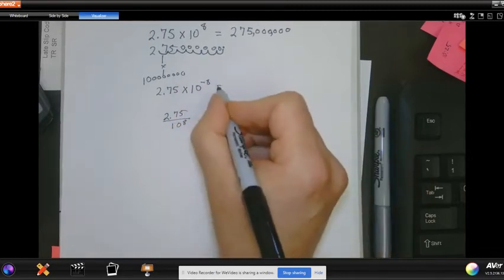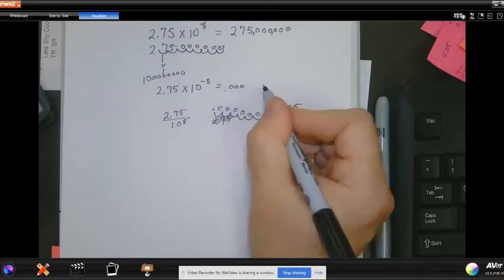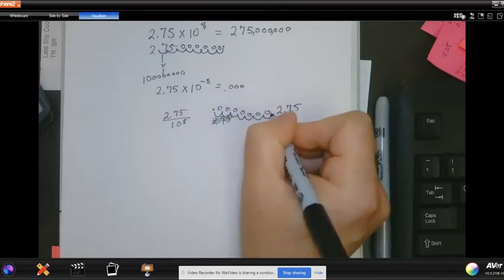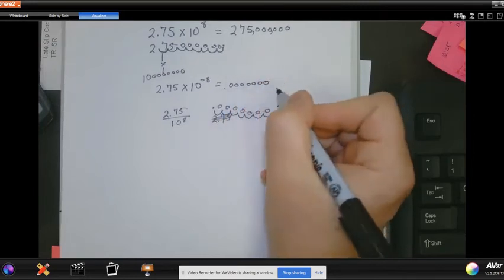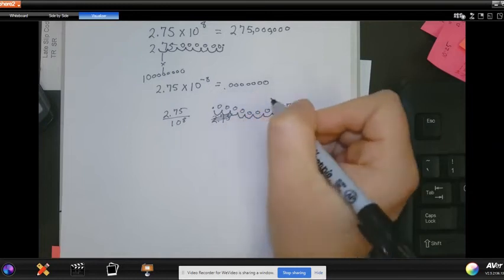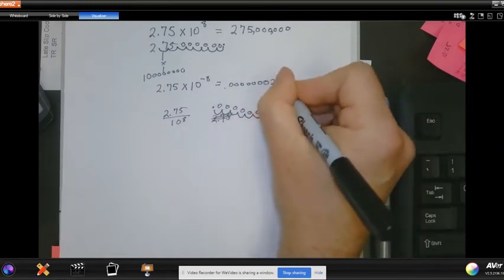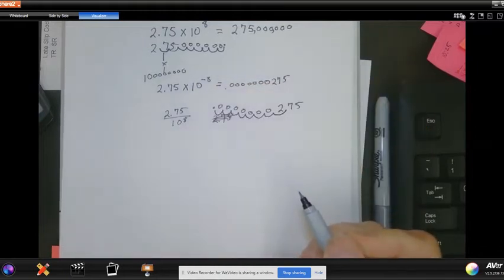Okay, so 2.75 is 0.000. Now we've got 1, 2, 3, 4, 5, 6, 7 zeros. Not 8 zeros, because we have to move that 8th decimal spot over the 2. 275. Those are essentially the same thing.